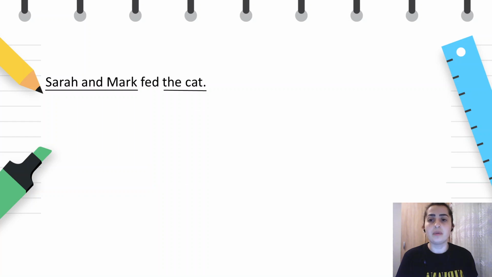In this example, we have Sarah and Mark together because we have them doing the action together. And you should find the subject and the object of the sentence. Sarah and Mark are the subject, while the cat is the object. And the final sentence should be: they fed it.